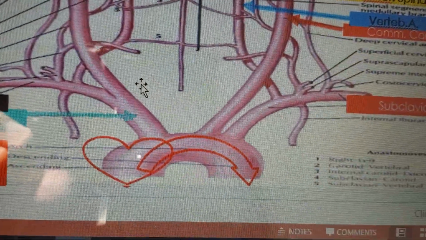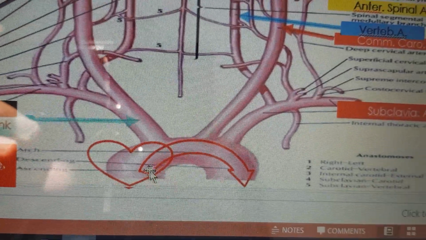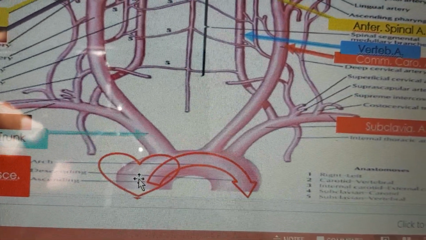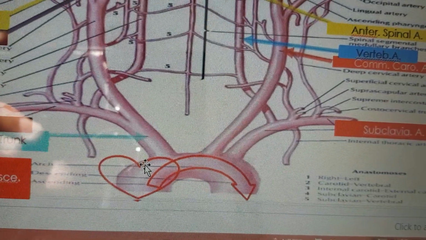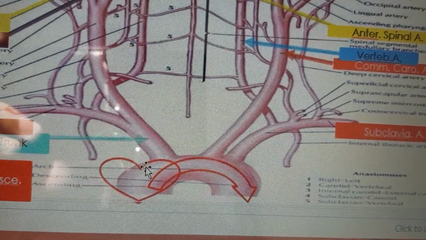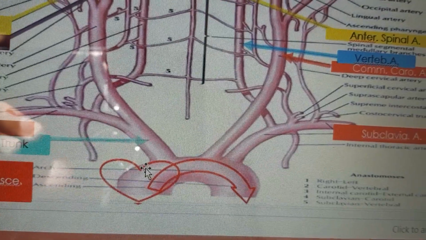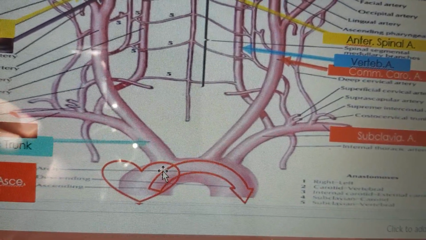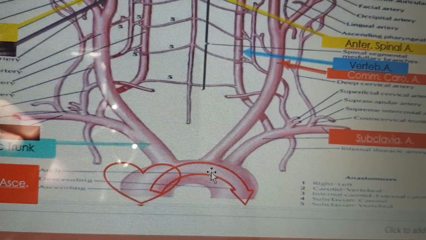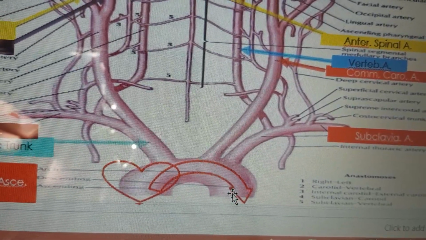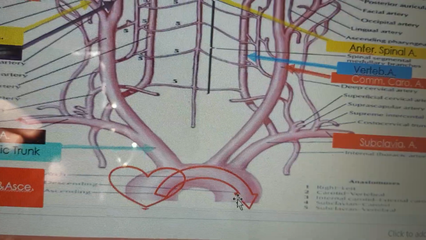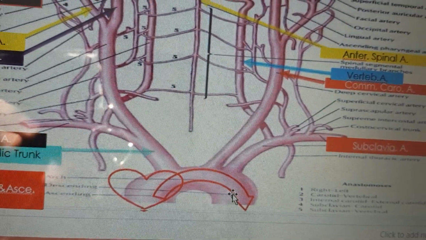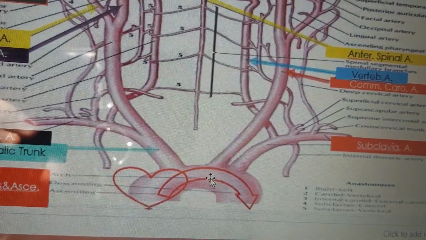We are going to start from the heart, which is on the left side, of course, and the aorta is emerging from the left side by this arch, the arch of aorta, and it continues, of course, to the descending aorta, the descending part of the arch of the aorta.